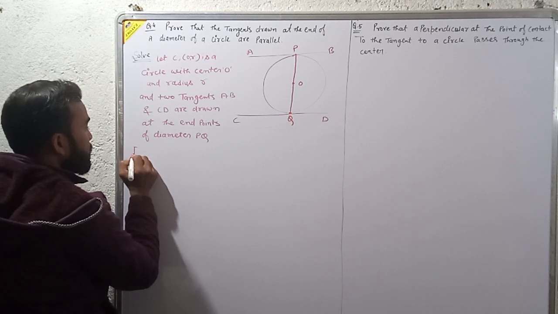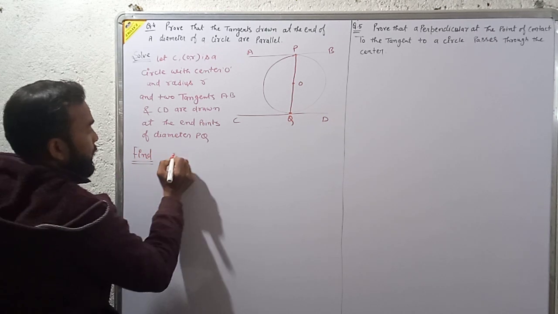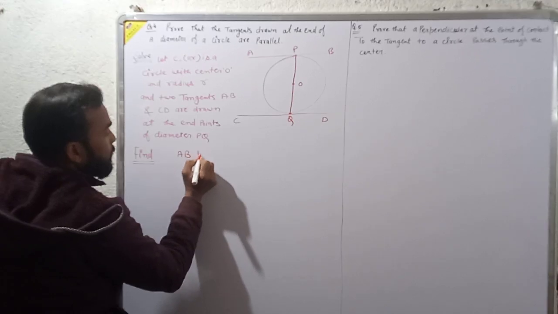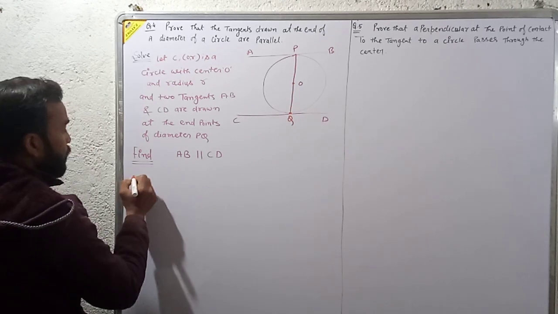Find. We have to find: AB will be parallel to CD. Clear? Proof.